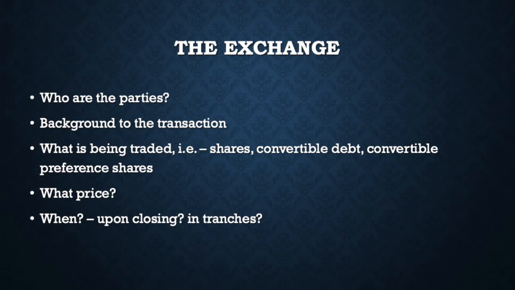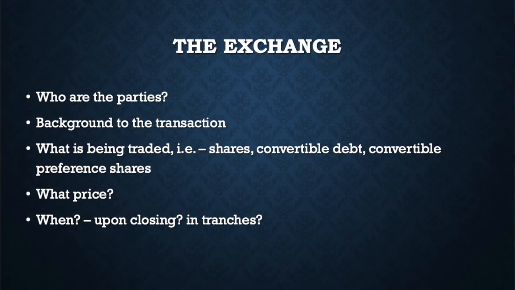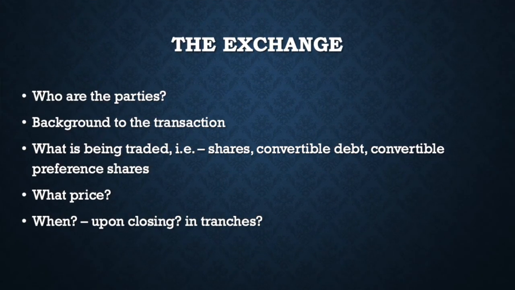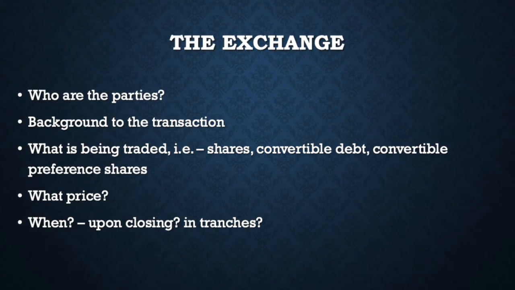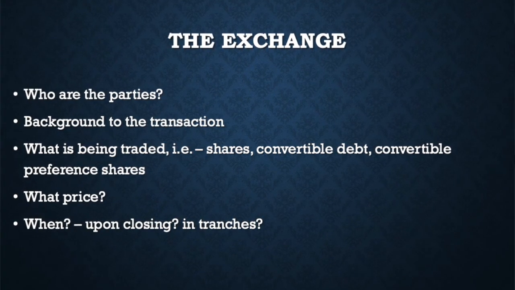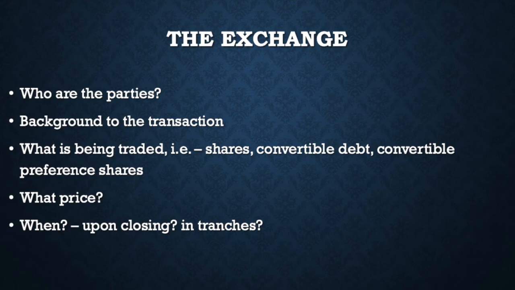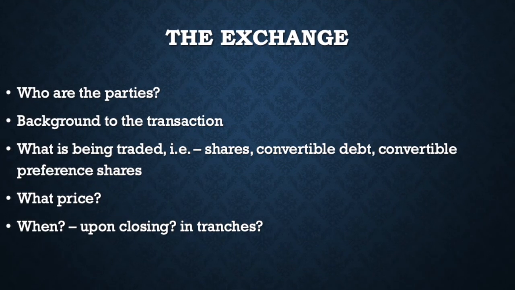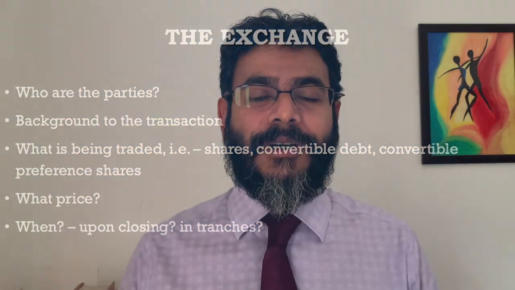Is it a convertible preference share? At what price is it going to be traded? When is the trade going to happen? Is it going to happen all in one go, or in parts, or in tranches? This is the first element of any share subscription agreement, the exchange. This sets up the very basic foundation of the transaction.